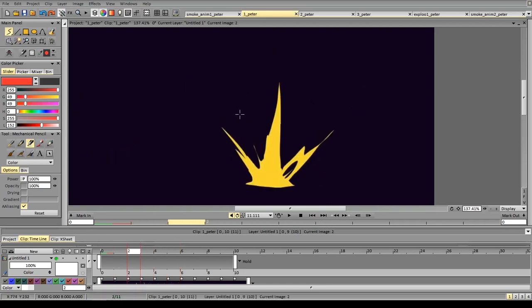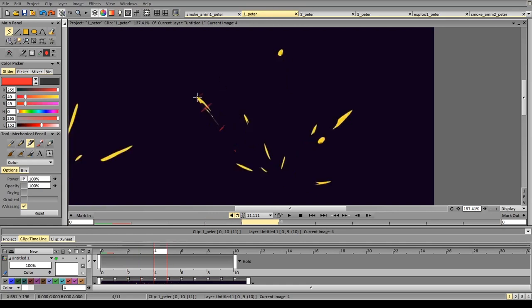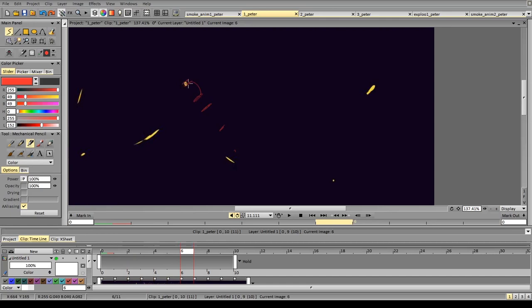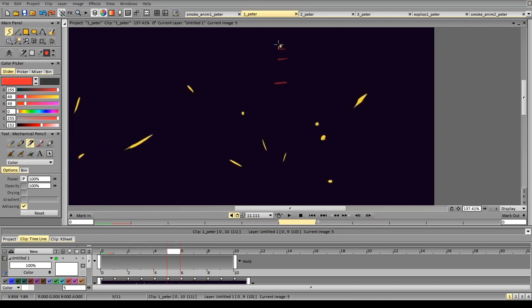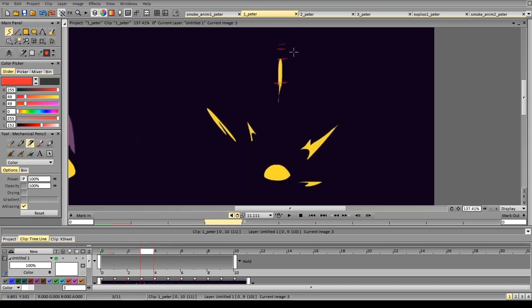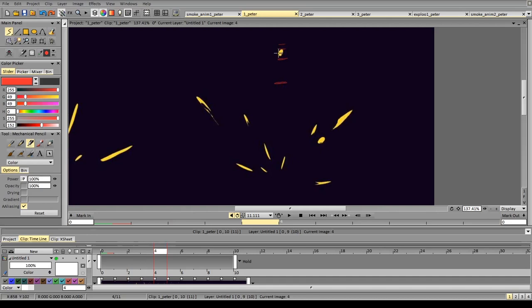Next one. So here, again, it suddenly accelerates and decelerates instantly. Here I would probably add just a little bit more to it on this frame and then make it like this.